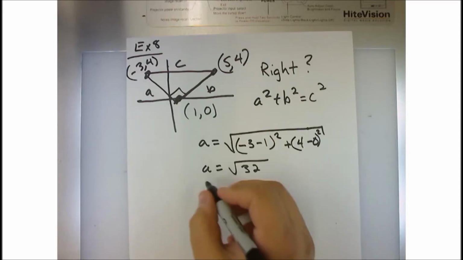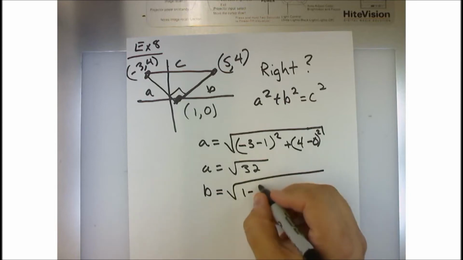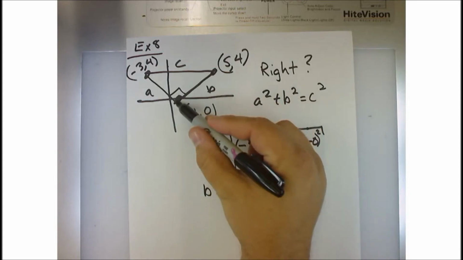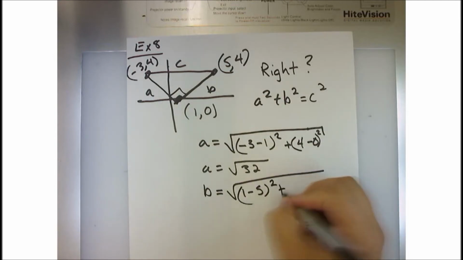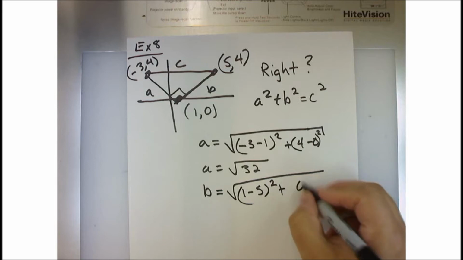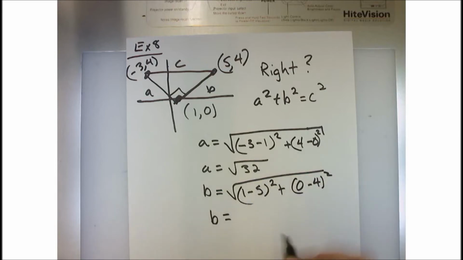Now if I do the same thing for B, I'm just going to plug in the numbers. 1 minus 5, and that's the distance between this point and this point. So I've got 1 minus 5 squared plus 0 minus 4 squared, and again, if we crank through the numbers, I get the square root of 32.